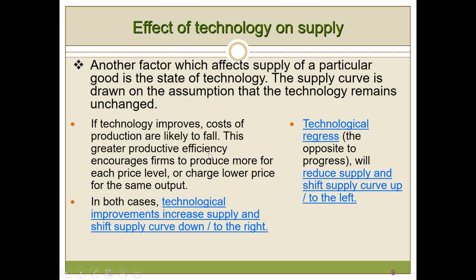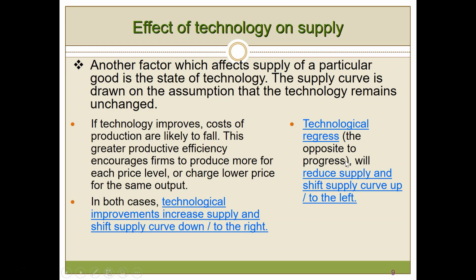And this productive efficiency will reduce the cost of production. This will encourage firms to produce more for each and every level or charge lower prices, so they will be able to pass this additional cost savings on to consumers. And as a result, technological improvements will cause the same effect on the supply as lower costs. They will shift supply curve downwards and to the right.